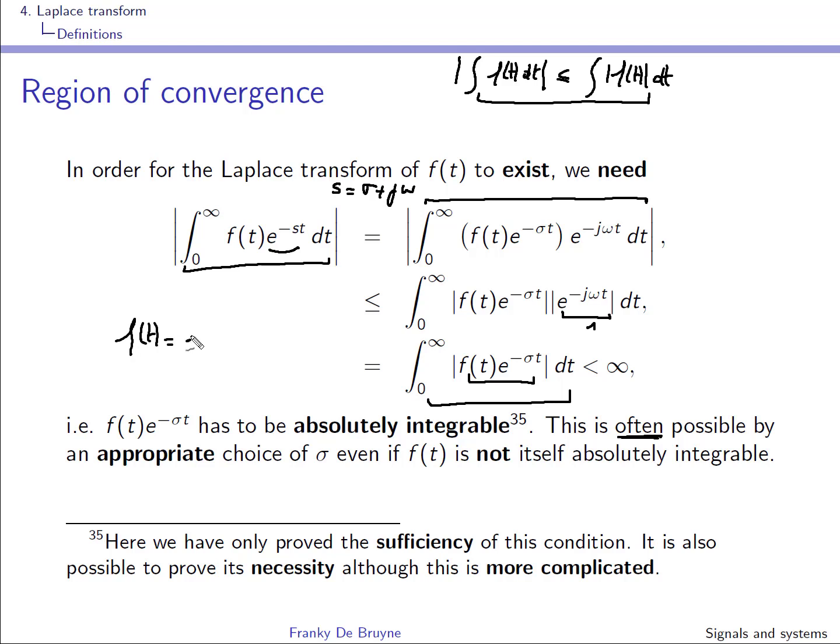But if you take this one here, e to the t square, you will not be able to find a sigma that will make this integral converge. But for most functions that we'll use in practice, it's always possible to find an appropriate choice for sigma.